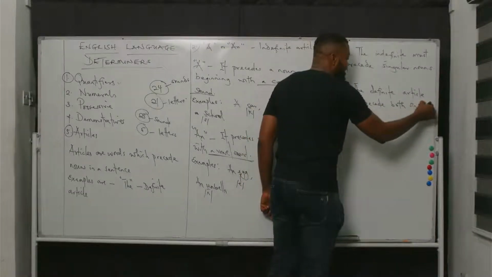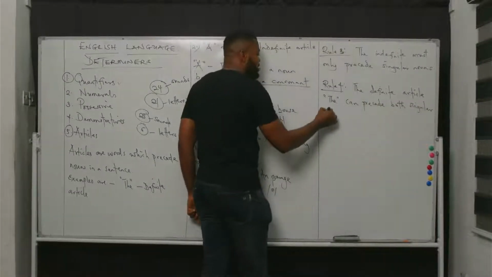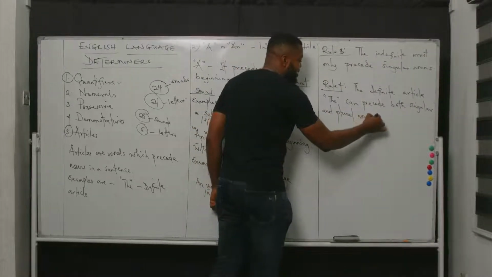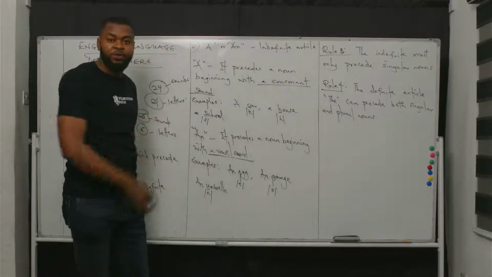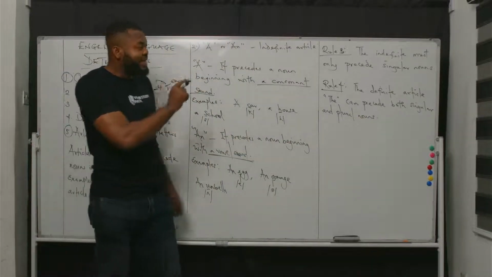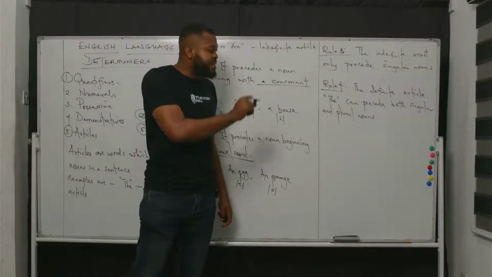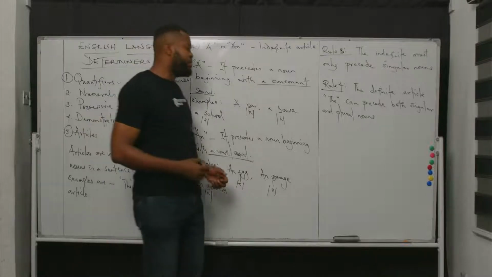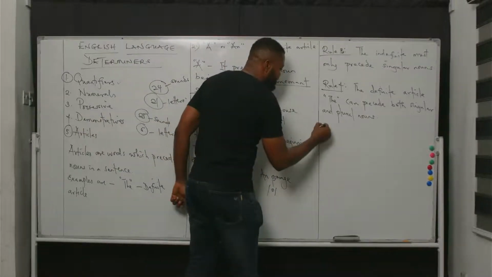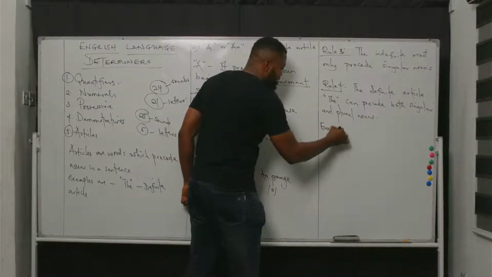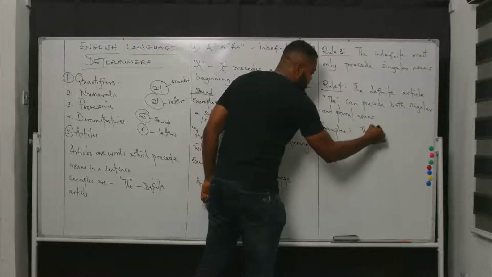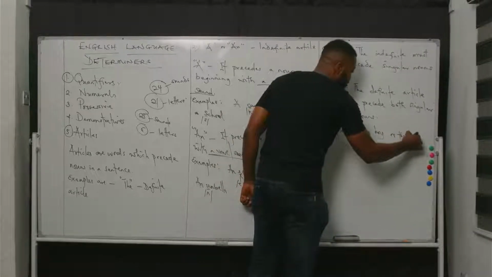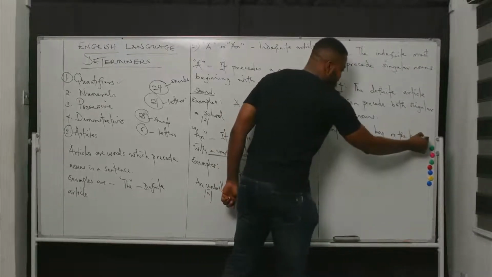Both singular and what? And plural nouns. Do you understand? That's rule 4. So the definite article THE can precede both singular and plural nouns. In other words, you can have examples, the boy, for instance, or you can have the boys. Do you see that now?